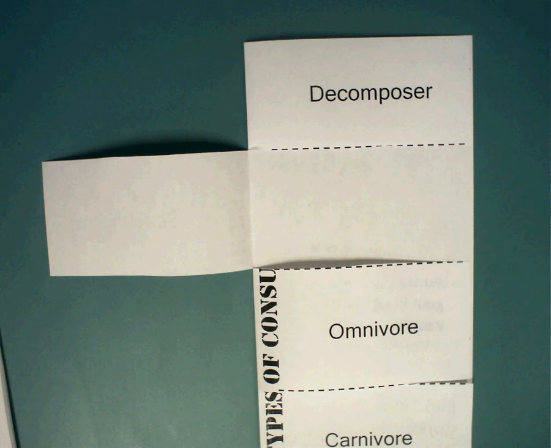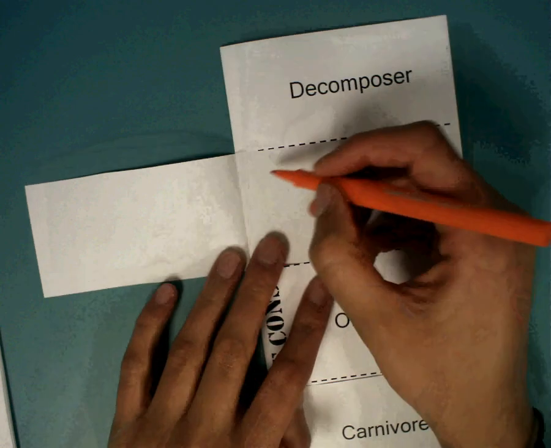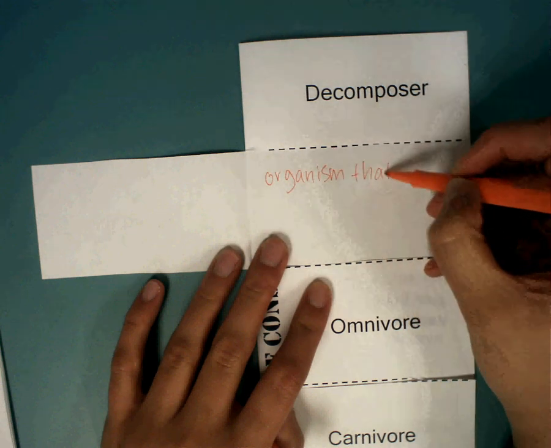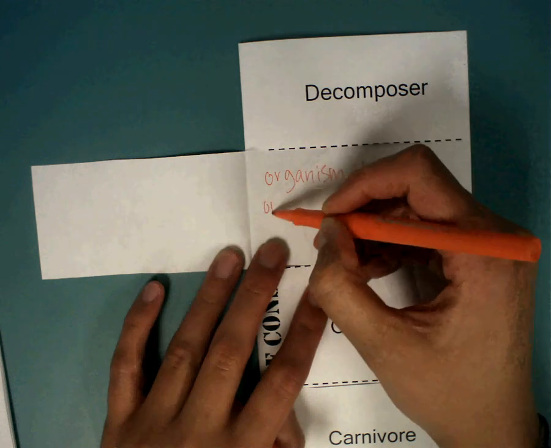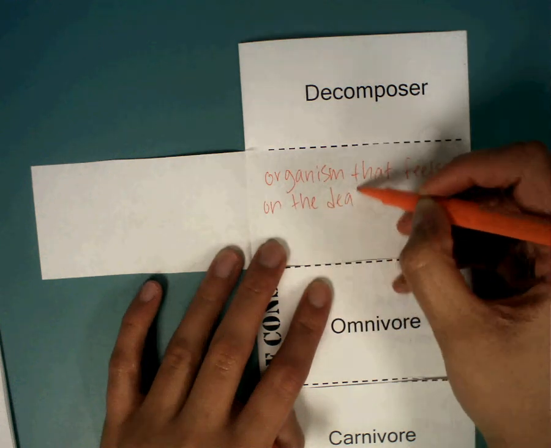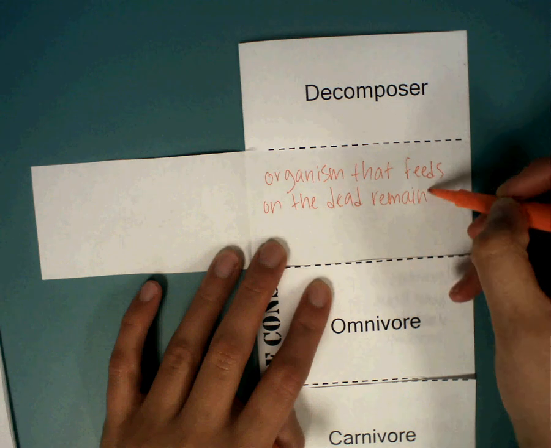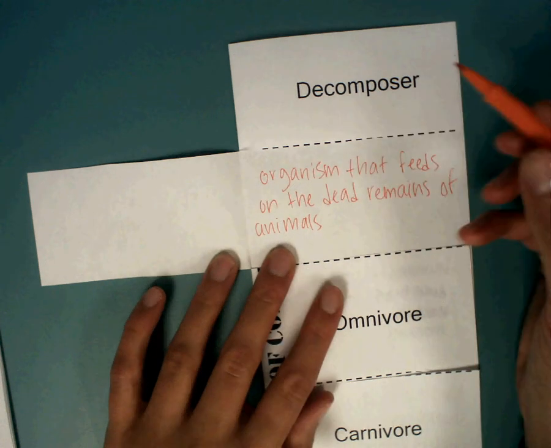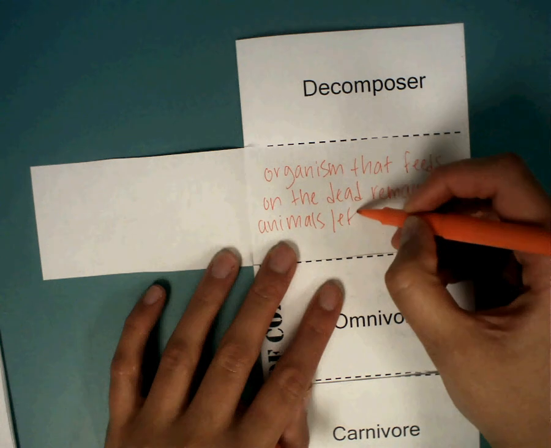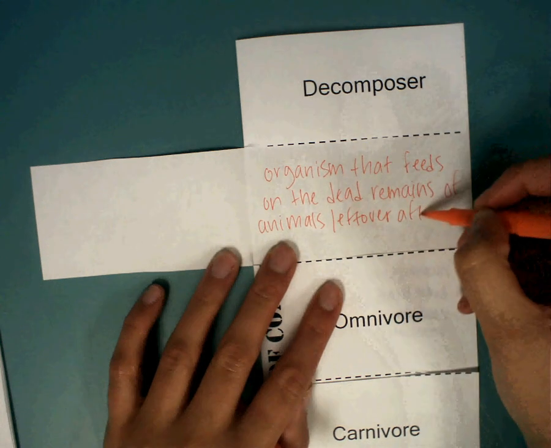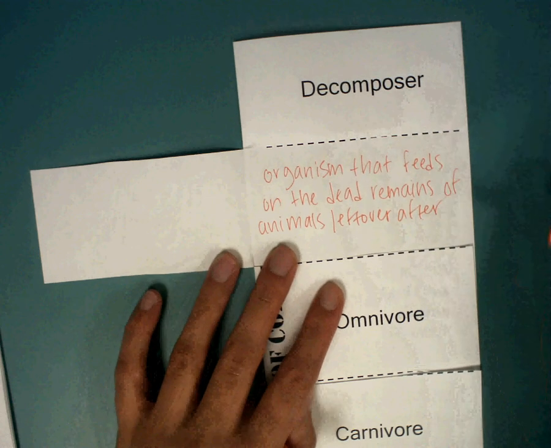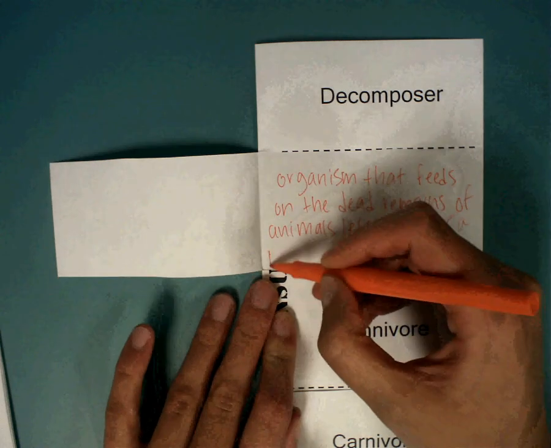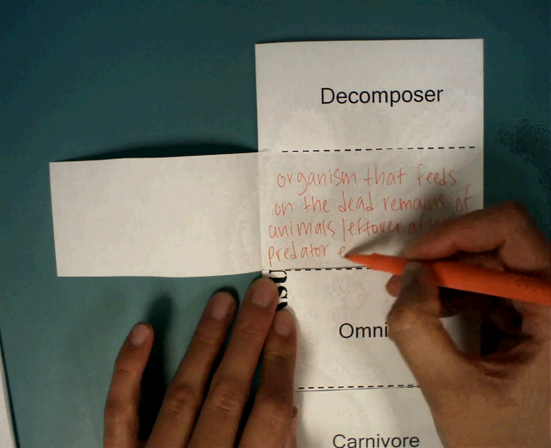So a scavenger is an organism that feeds on the dead remains of animals left over after a predator eats, right?